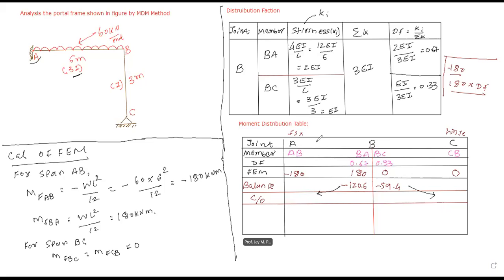How minus 75 at point A? Please recalculate. How much does it carry over?